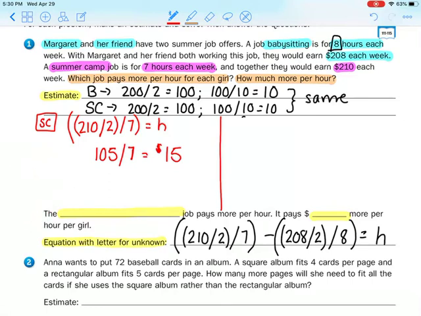So now we have to do the same thing, but with babysitting. So I'm going to put a B for babysitting so I don't get confused. So they made $208 every week that they babysat, both of the girls. So you have to divide that by 2 to figure out how much each girl made. And then you're going to take that total and divide it by 8 to figure out how much each girl made per hour, because they worked 8 hours.